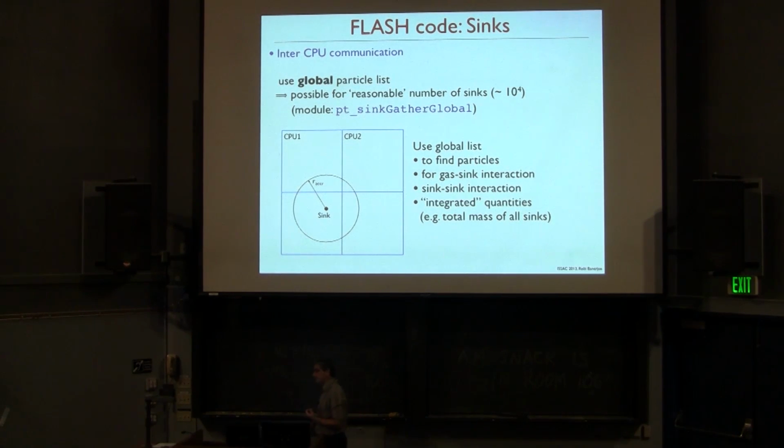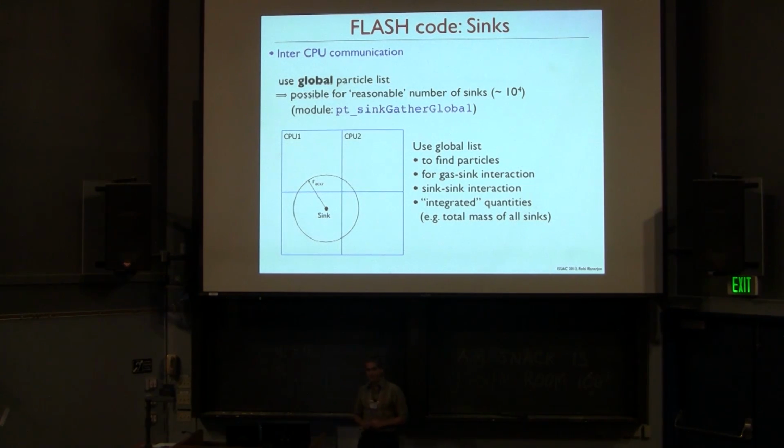This is a useful quantity because it is fairly robust compared to the mass of individual sink particles, because the mass of an individual sink particle depends at the end of the day on the resolution. Whereas the global mass in all sink particles, you can check with a couple of test simulations.